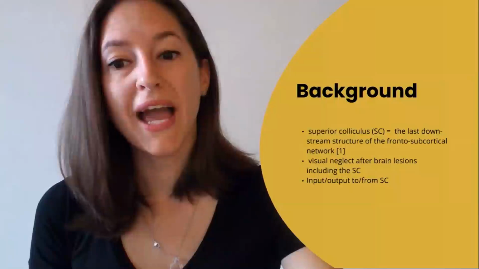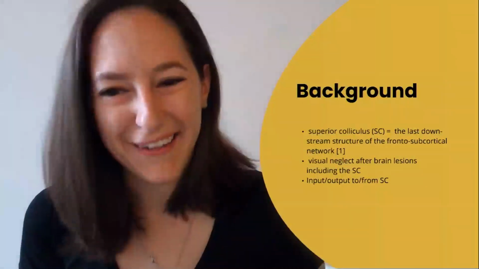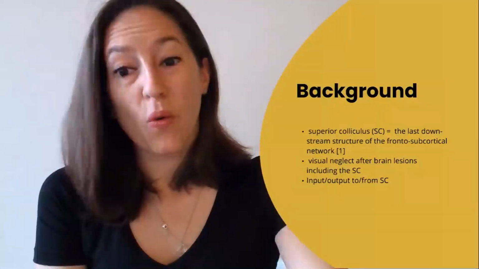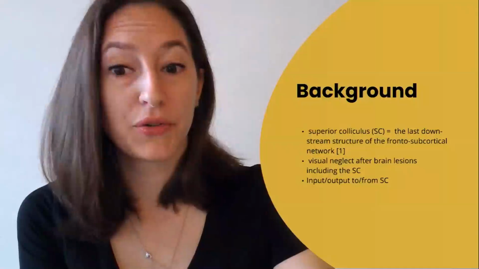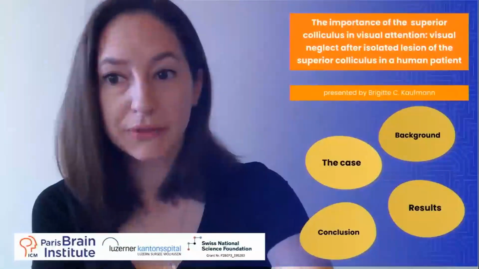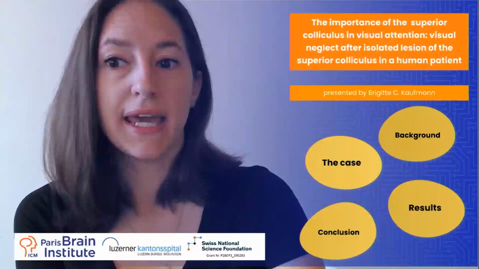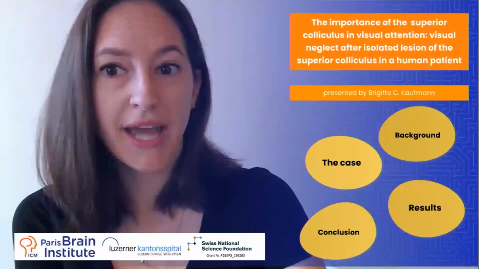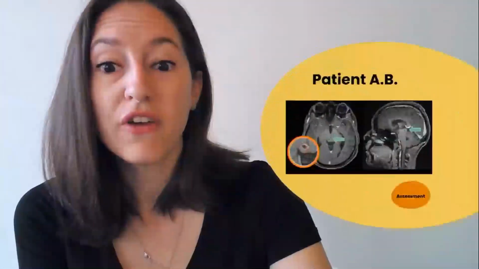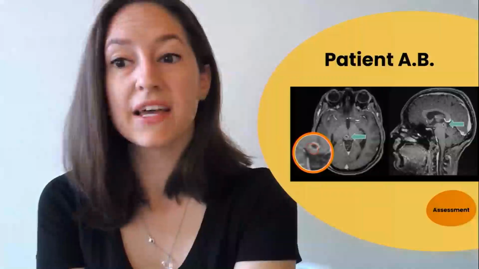However, we had, let's say, the lucky chance of having a patient on our neurorehabilitative unit, whom we were able to screen in our recent project, a very, very rare case.